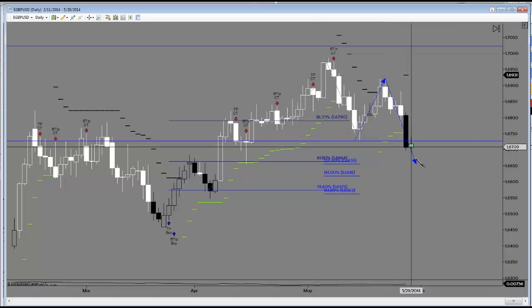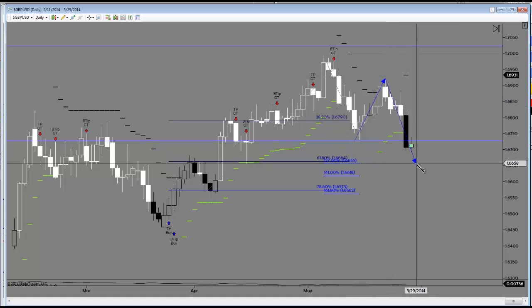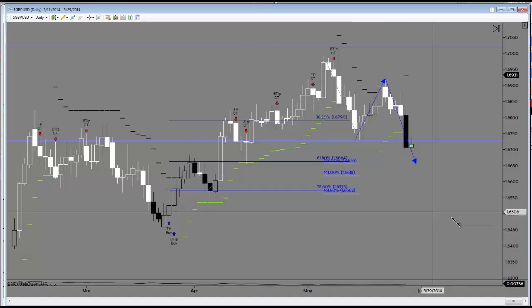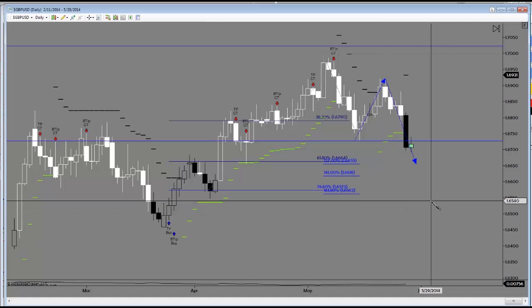That's also where my ABCD terminates. So I've got confluence. When I talk about confluence over and over and over, we see it not only in the market, we see it with technical indicators, Fibonacci analysis, which again is a little bit more discretionary because I'm the one that determines the swing highs and swing lows that I use for my analysis.